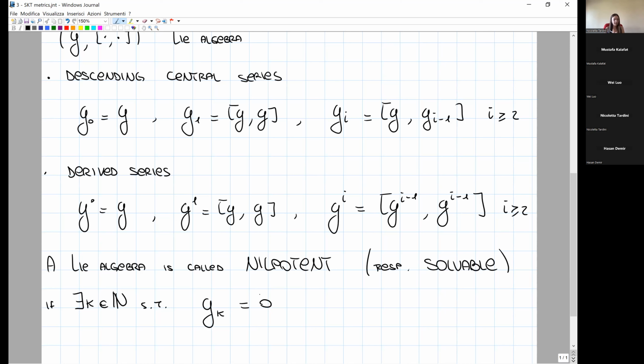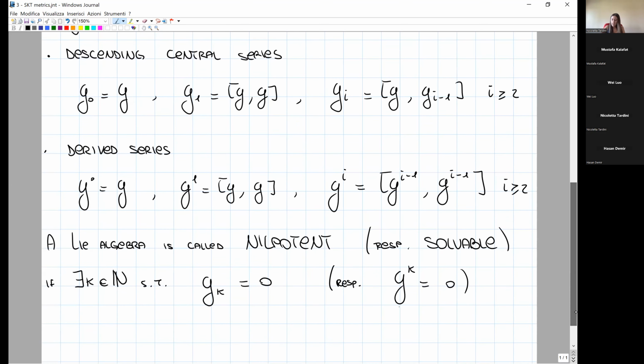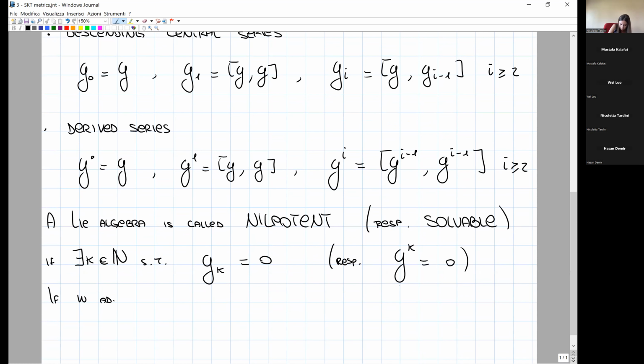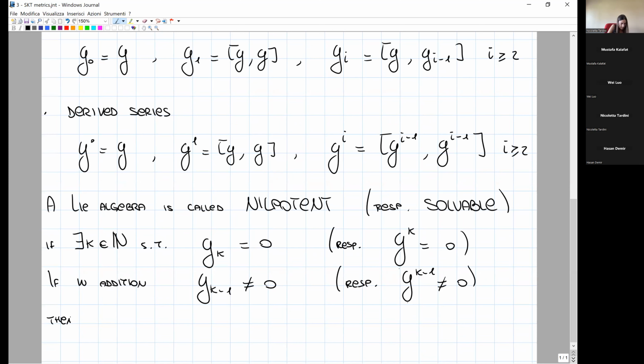If there exists K such that Gk is equal to 0, and respectively for the definition of solvable Lie algebra, we have that the derived series trivializes at step K. Okay, and if in addition Gk minus 1 is non-trivial, so at the previous step we still have something, and similarly in the other case, then the Lie algebra is said to be K-step nilpotent.